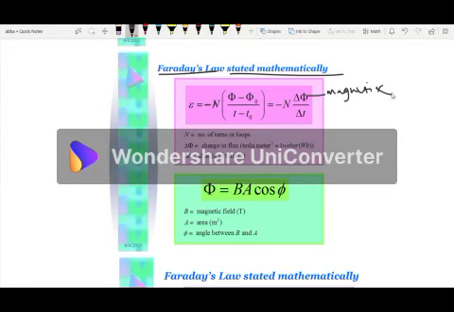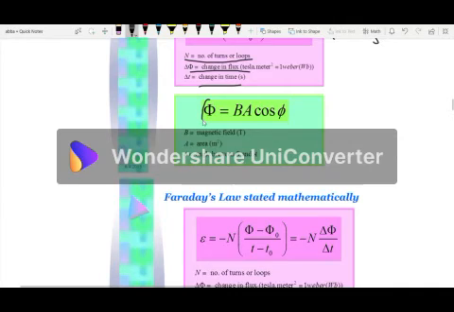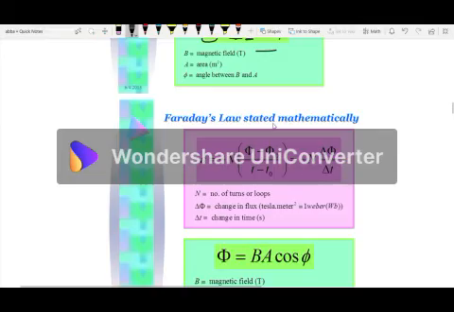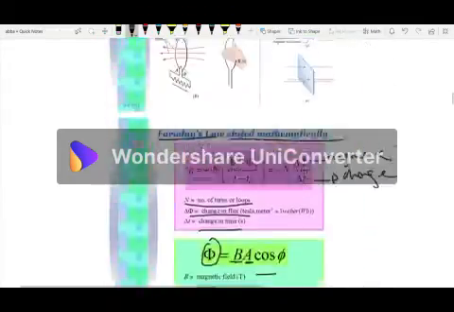Then this is going to be your change in time, right? So we said N represents the number of turns, and this represents the change in magnetic flux, then this represents the change in time. Then we also said the magnetic flux can be calculated using what? The magnetic field and the area, depending on a specific angle between A and B. So now I want us to understand how these two laws operate before we can get into it, right?